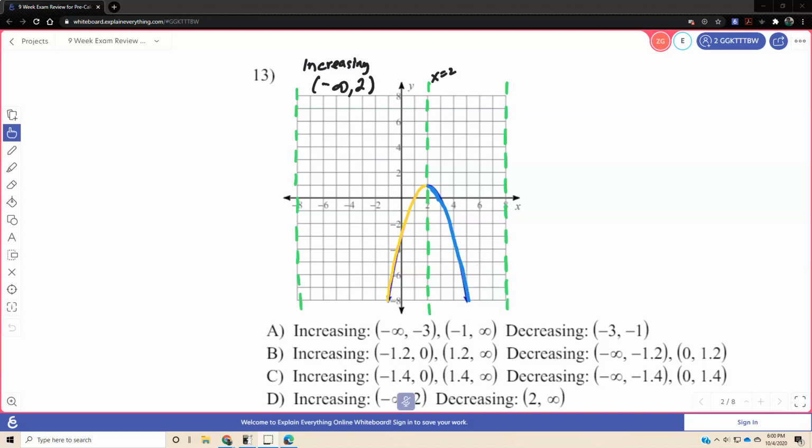So this is decreasing, and it's from 2 to infinity, and of course it's parentheses. There is no constant. So your answer is D. Your answer is D.